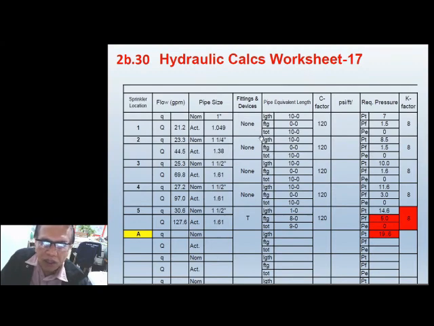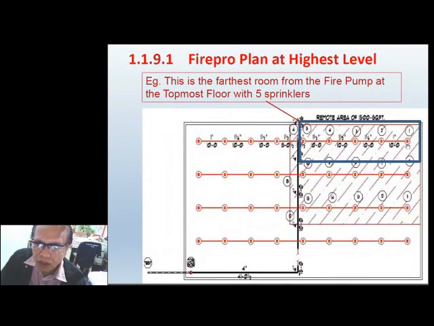You would notice that by calculating the pressure, from here 7 psi, and then higher than 7 until you reach this point, then of course there is a pressure drop in this 1-inch pipe, and a pressure drop here and here. So we'll be able to determine the volume of water when these 5 sprinklers operate at actual conditions. If there is a fire here, this sprinkler will get hot and water will burst out. If the fire spreads and reaches here, this one will also operate.